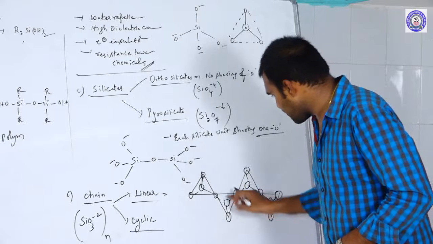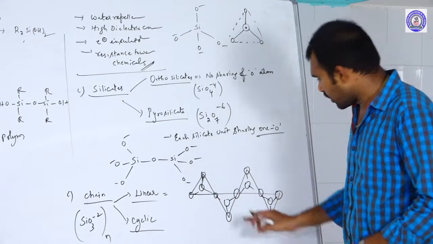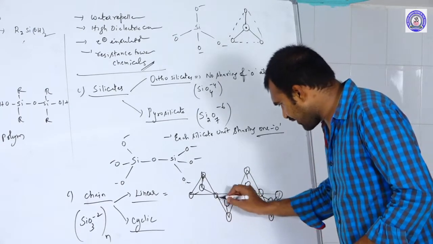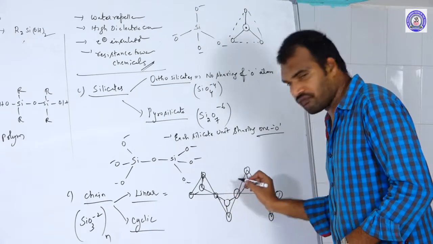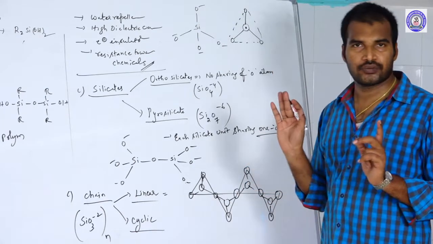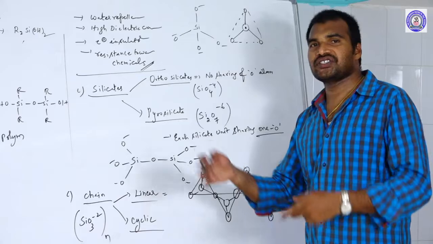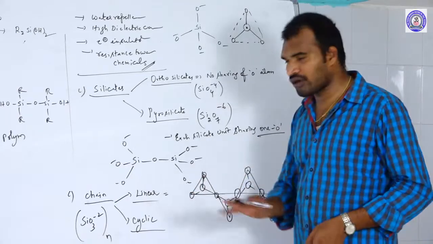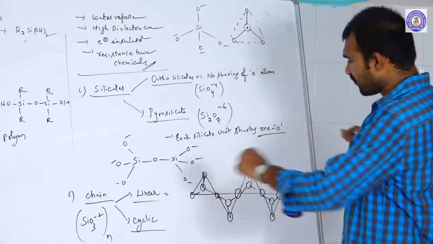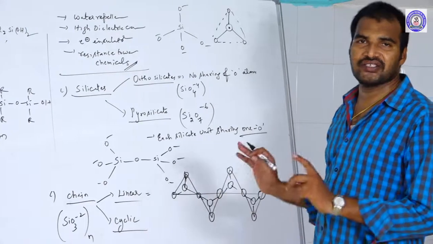See, this is one silicate, this is another silicate, this is another silicate. Now, this central silicate is sharing how many corner oxygens? Two corners. If each silicate is sharing two corners, then we call it linear, and this is a linear chain silicate.